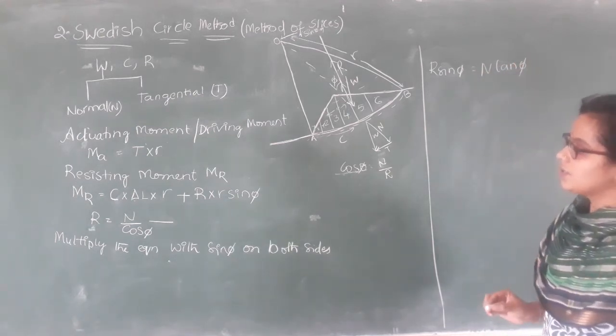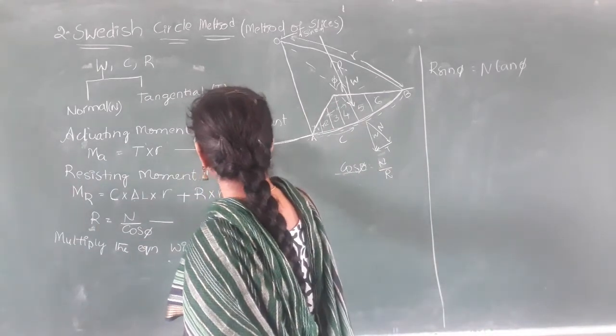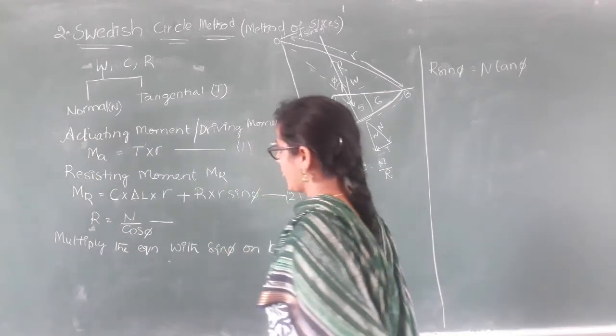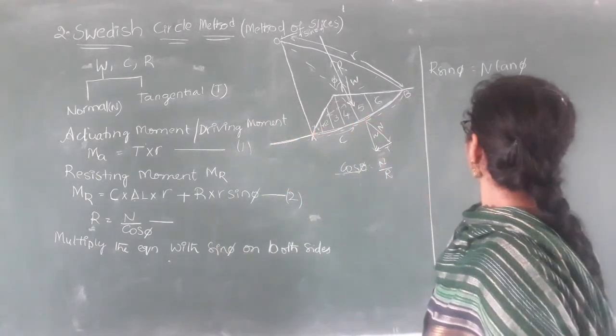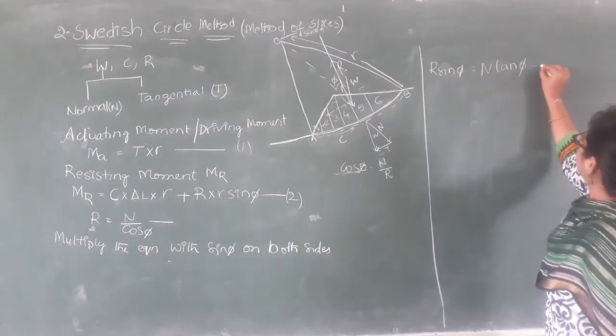So consider this equation to be 1, this equation to be 2, and this to be 3.